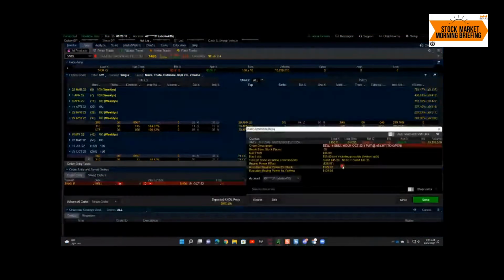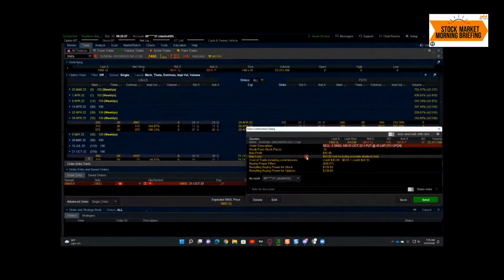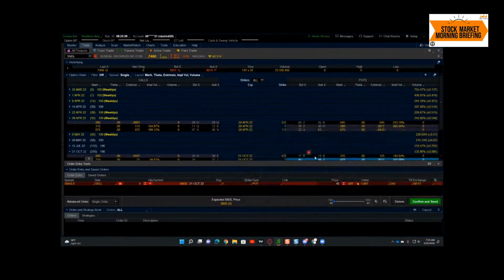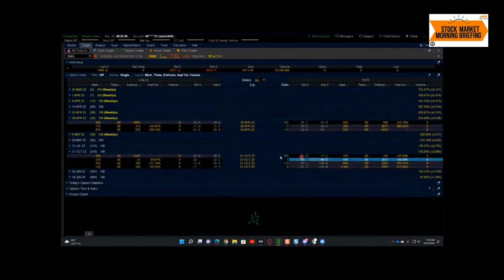If I was to do this, what would the risk be? Well, we're talking about buying stock at $1 a share. Max loss, $55. So you could sell a put and you would need a buying power that can cover around $40, $50. Right? We can see how it's got the buying power in there. Now, I'm not saying that this is something you should just run out and start doing today in SNDL.